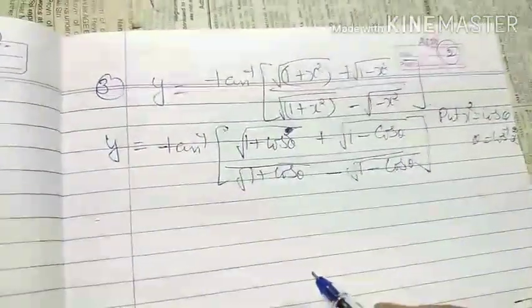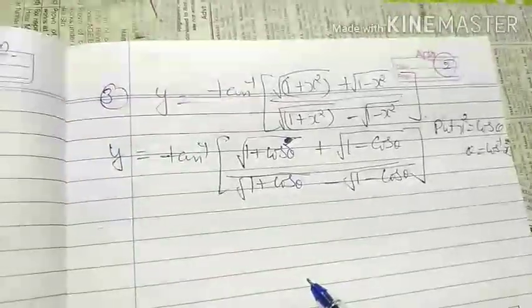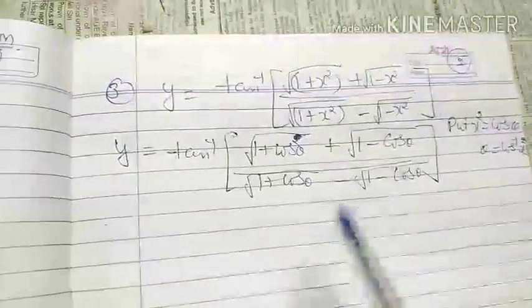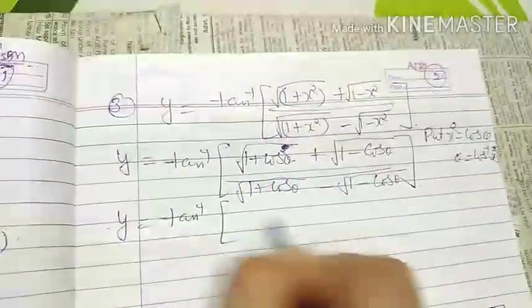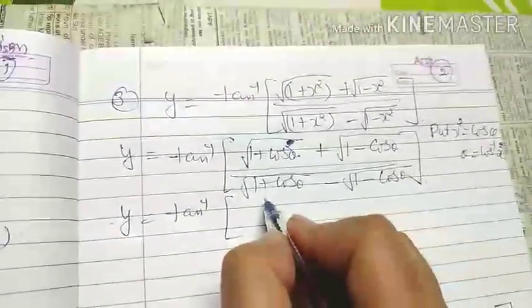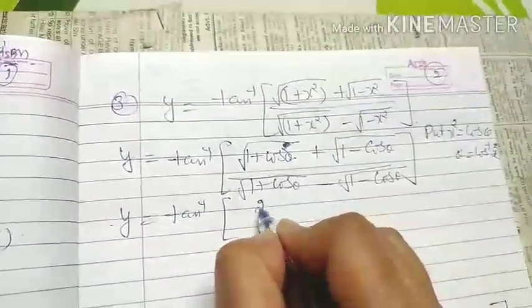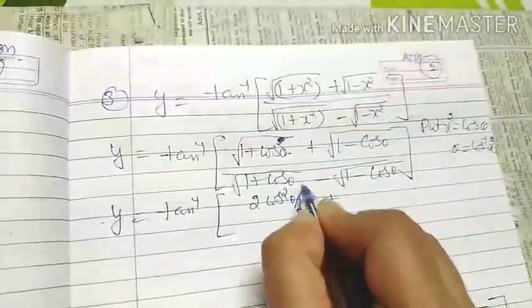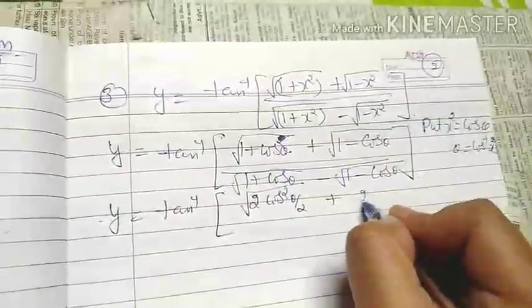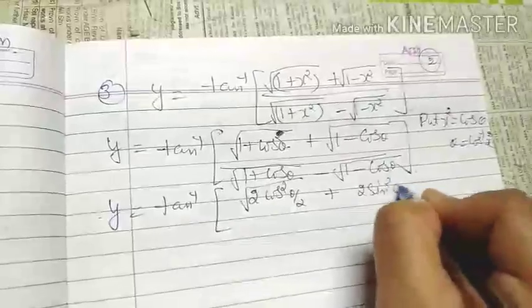Now here I have the formula 1 plus cos 2 theta is 2 cos square theta, but if the angle is halved, my answer formula is also halved. Like here 1 plus cos theta, according to the half angle formula, becomes 2 cos square theta by 2 square root, and here 2 sin square theta by 2.